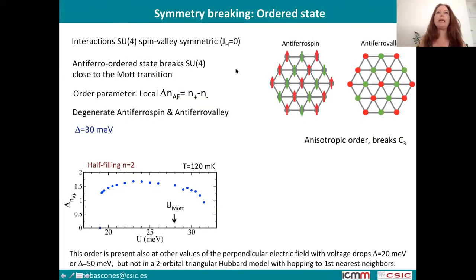So as I said, we have this Hund's coupling equal to 0. Our interactions are spin valley symmetric. The bands are not, in the sense that the two valleys are related by time reversal. But then we find an order state.